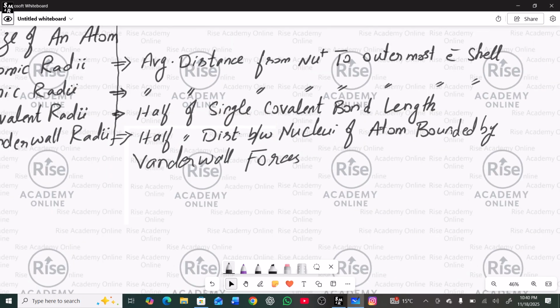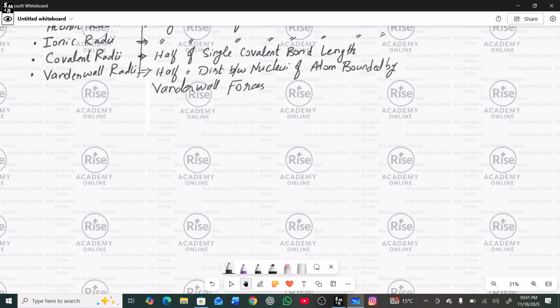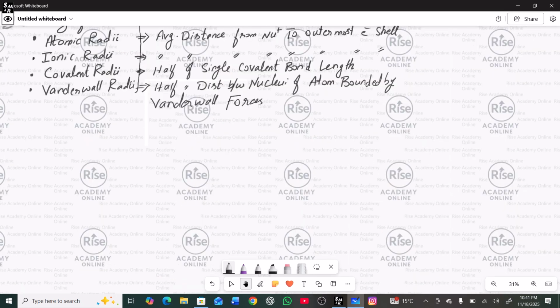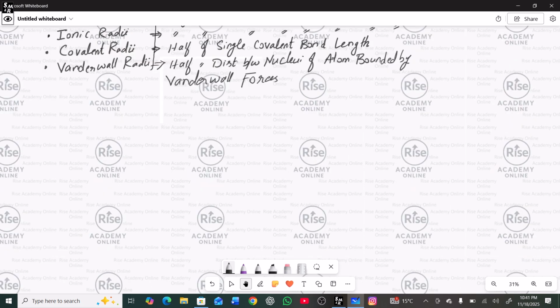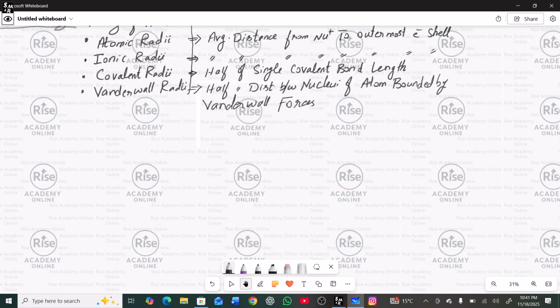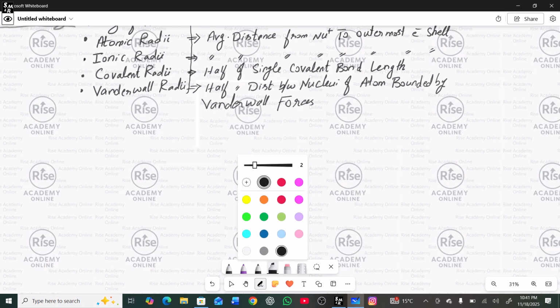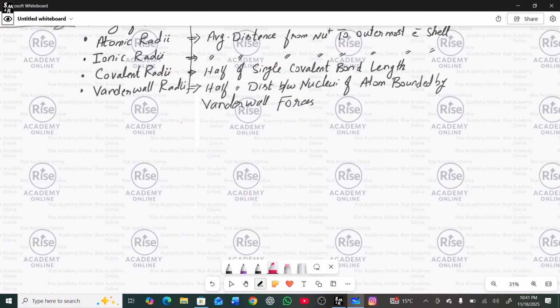Now, the next part is we will discuss the factors affecting these radii and their trends in the periodic table. In the next segment, we are going to discuss factors affecting these radii.